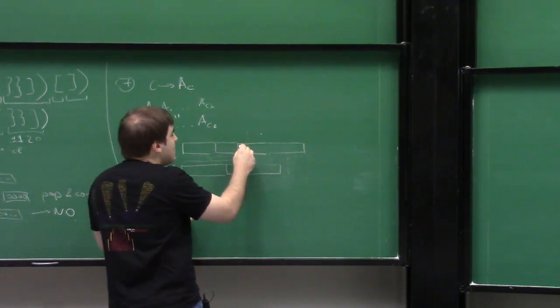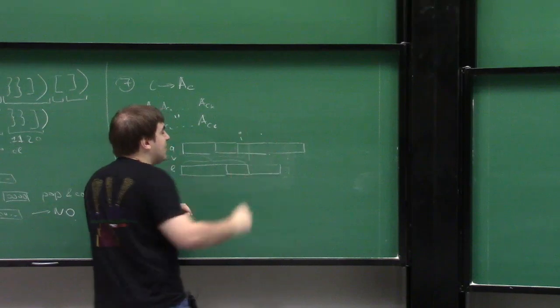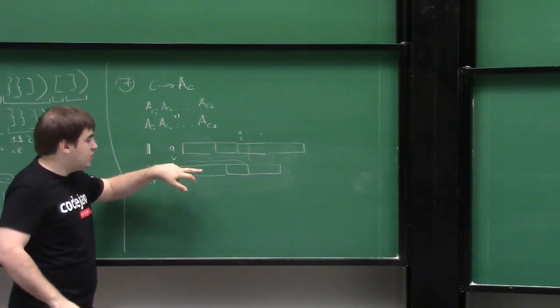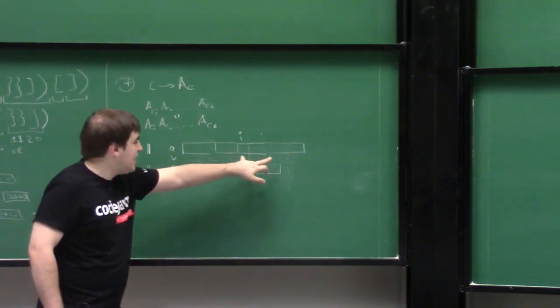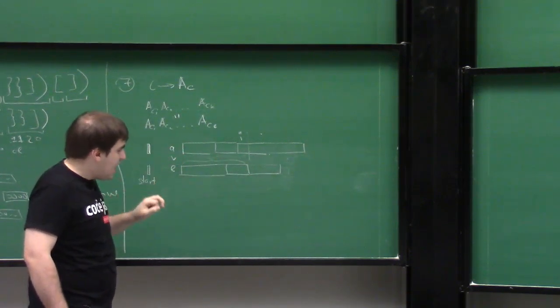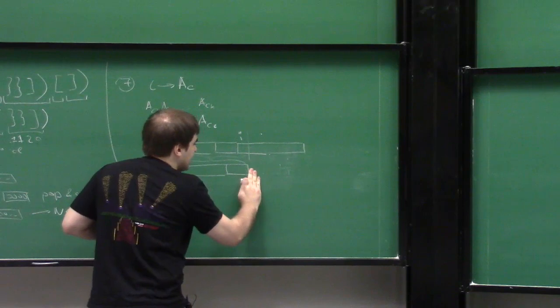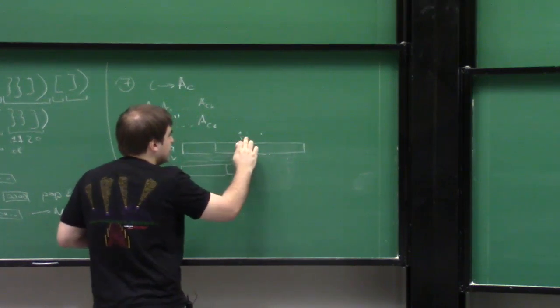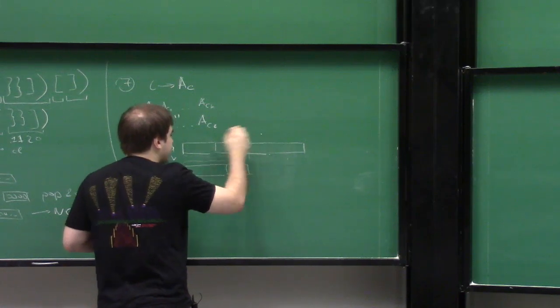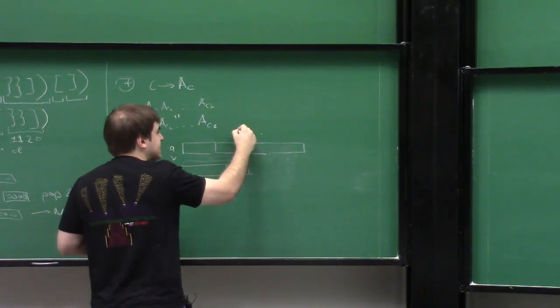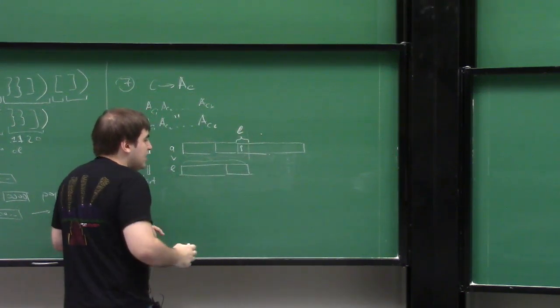Let's also remember which word is the last in the longest sequence. So let's remember the index of the word that is the last in the longest sequence, and its length that we have already used. Let's call this L.